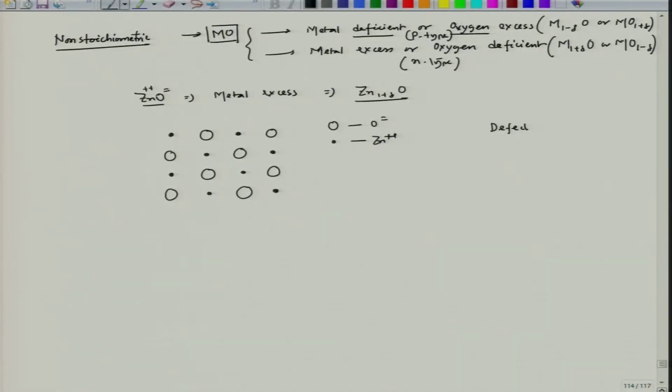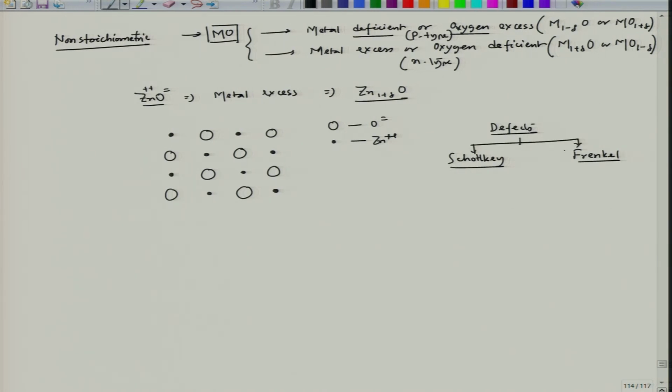So, every material has got defects, and in case of oxides also we have defects. The common defects are Schottky, this is one defect, and another defect is Frenkel. So, these are the two defects that are possible in oxides.